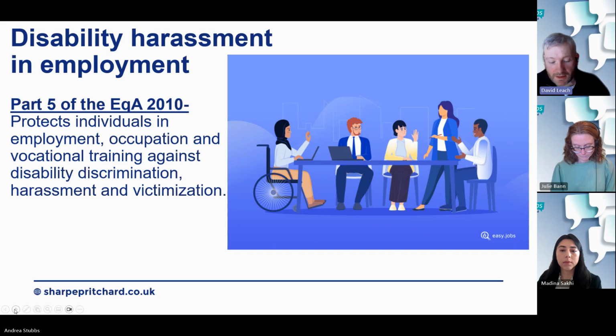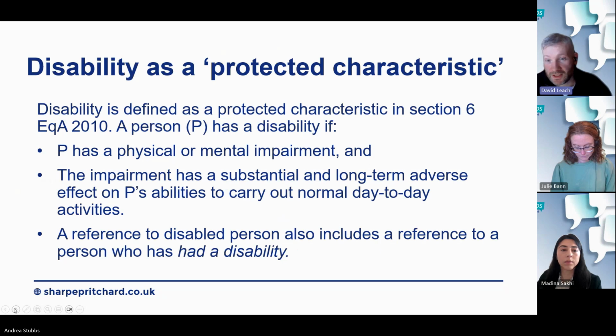So next slide. Very quickly I'll just cover again what a disability is for those that need it. It's a physical or mental impairment that has a substantial long-term adverse effect on someone's ability to carry out day-to-day activities, and has lasted for at least 12 months, or is likely to last for 12 months or more. Quickly covering other protected characteristics.